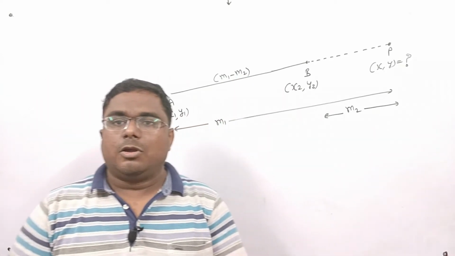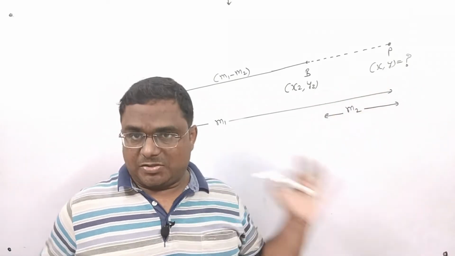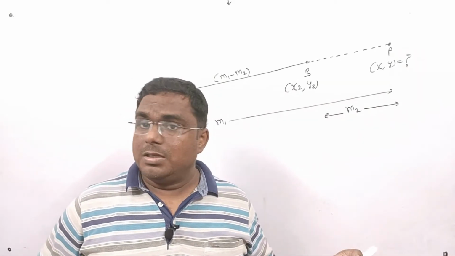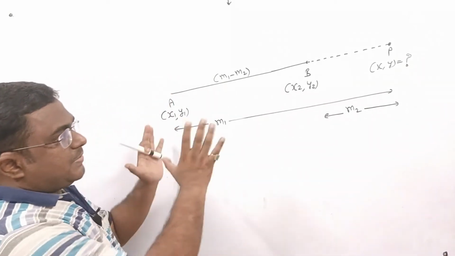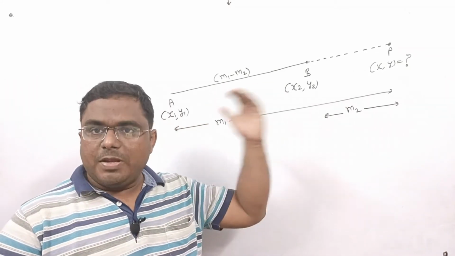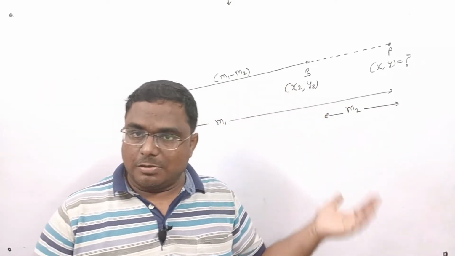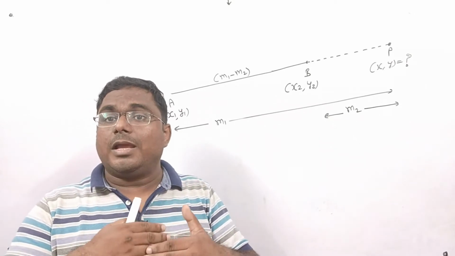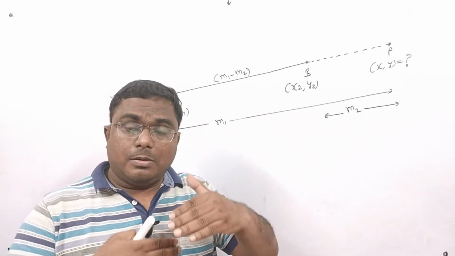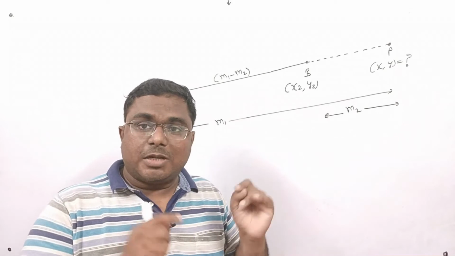Is that clear? Now what is our purpose? Actually we have to find out the coordinates of x, y, and if we are able to do so, it means we can prove the section formula. Now this figure is explaining an external division. Here point P is dividing line segment AB in M1 ratio M2 externally. Now let us change our perspective. I will redefine this figure in terms of internal division. And how is that possible?